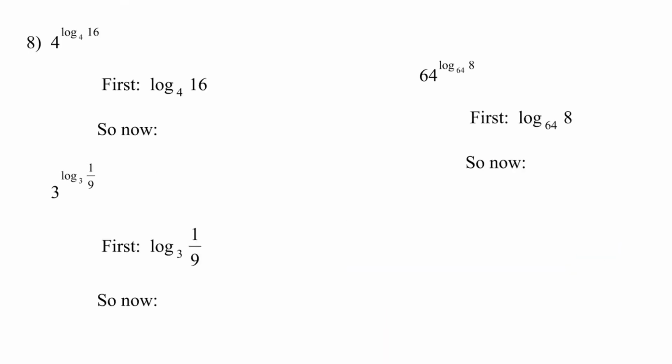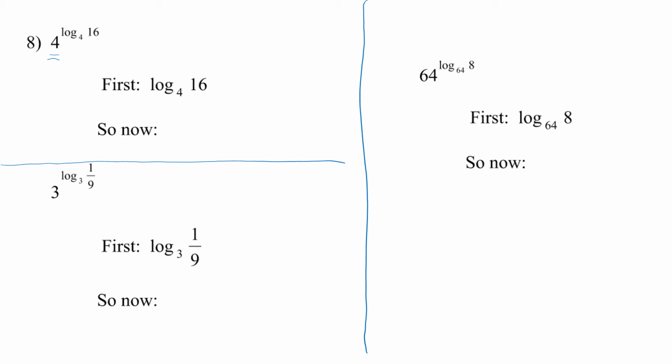Okay, this is the last general rule we're going to do, and this one's a little tricky. These are 3 different problems. So what happens when you have a number that's raised to a log?